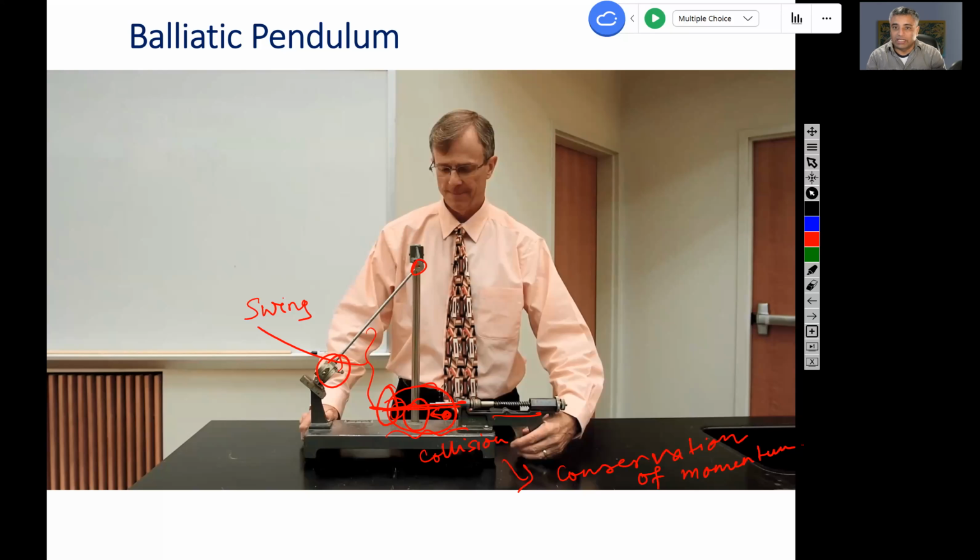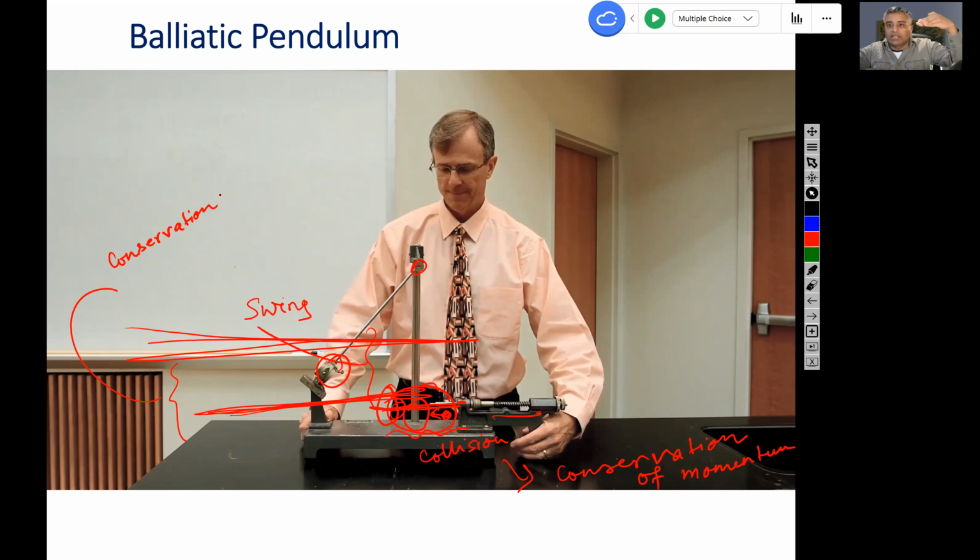For the swinging part, total energy here is equal to total energy here, okay? So we can use conservation of energy, not just kinetic energy, but both kinetic and potential. Why? Height is changing. When height changes, potential energy changes, so we cannot neglect it. When two things were moving horizontally and collided, height did not change, so potential energy did not change.